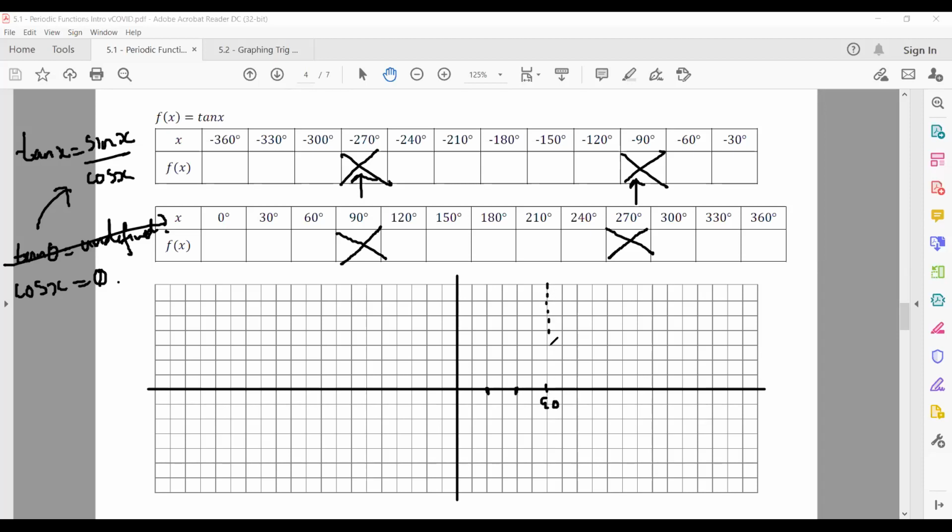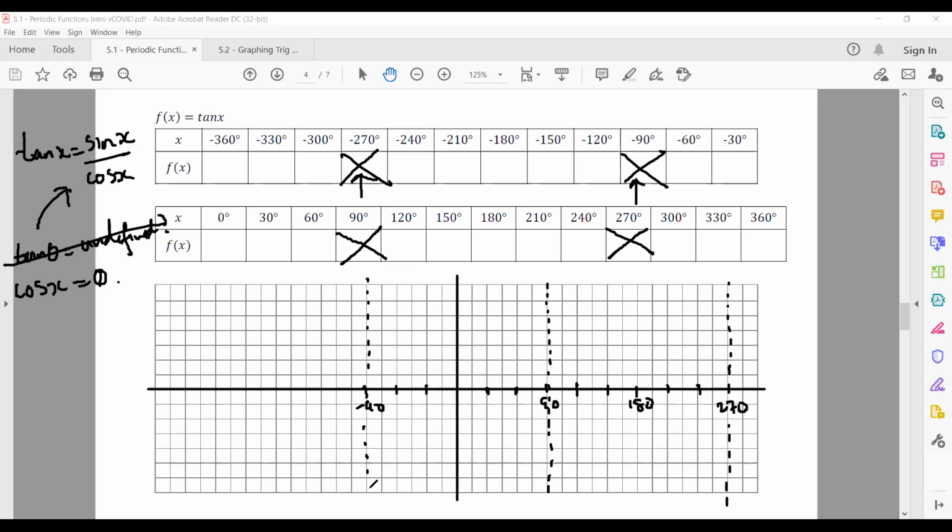So I have an asymptote here. 1, 2, and then 180. And then 1, 2, 270. I have another asymptote here. And then negative 90. I have an asymptote here.